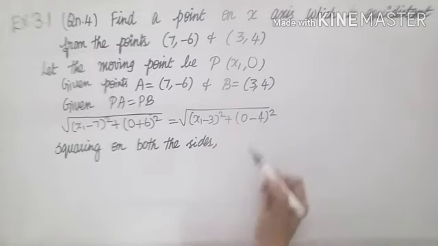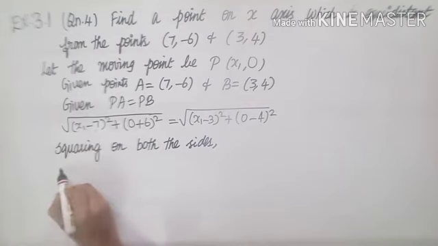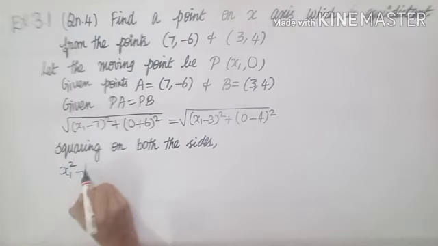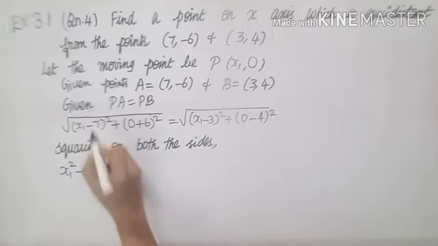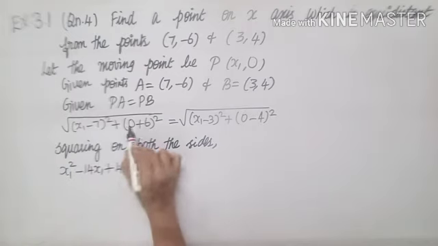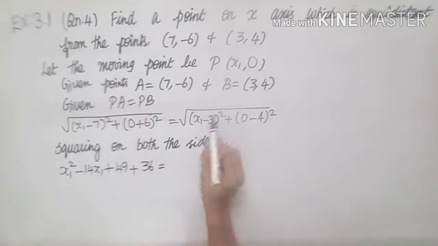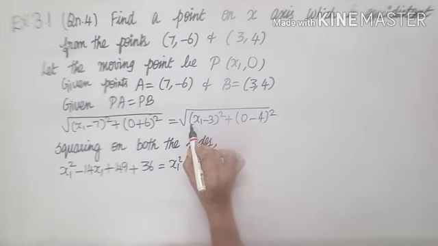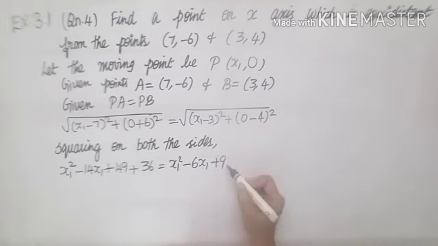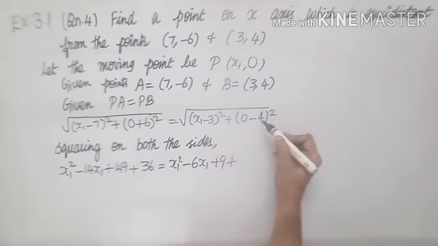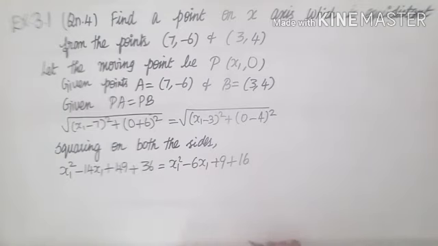Since root is coming, let us square on both sides. x1 minus 7 the whole square is x1 square minus 2 into x1 into 7, 14x1, plus 7 square. 0 plus 6 is 6, 6 square is 36. The right side: x1 square minus 2 into x1 into 3, 6x1, plus 3 square is 9, 4 square is 16.